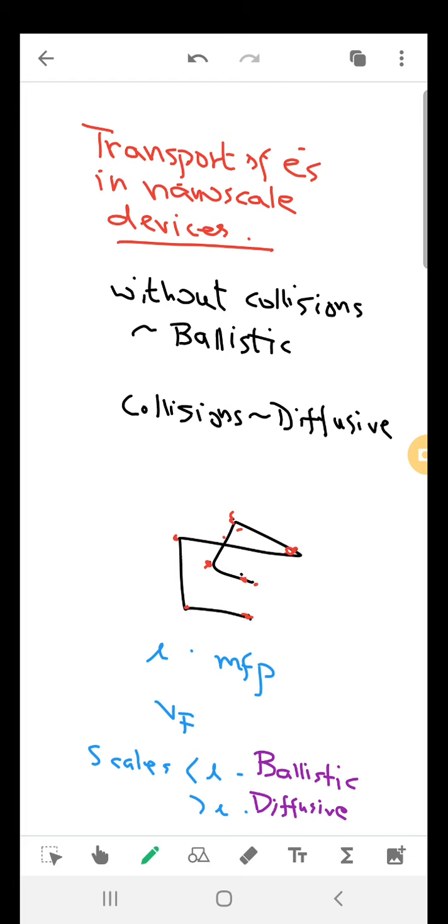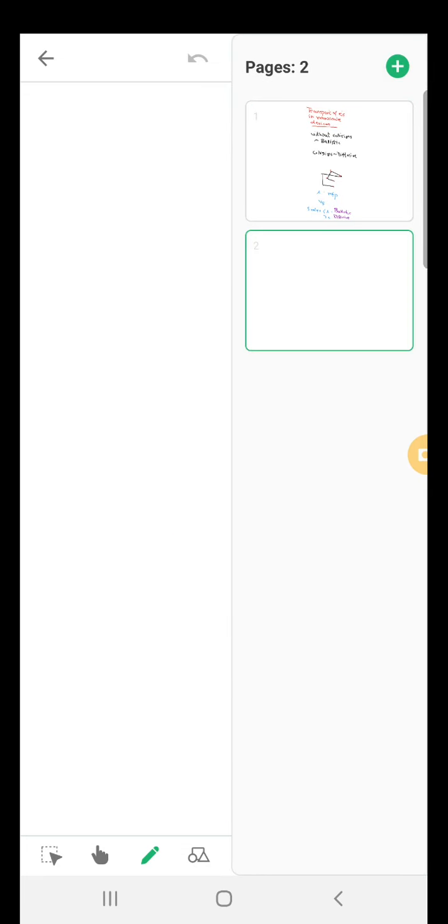Now, Drude has given a very good model based upon this diffusive motion of the electrons. He said that the electron is under the action of, say, an electric field E, and this electric field will cause drift in the electrons.